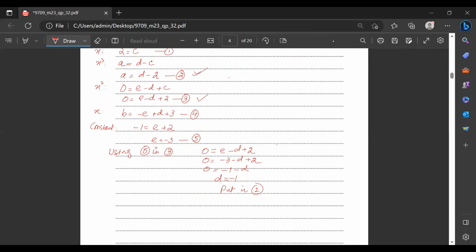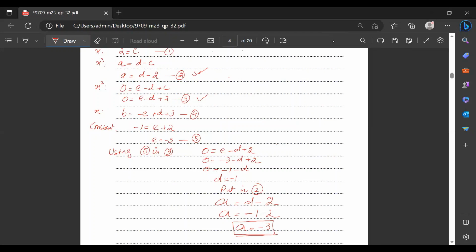Put d equals minus 1 in number 2: a equals d minus 2, so a equals minus 1 minus 2. The value of a is minus 3, which is the answer.